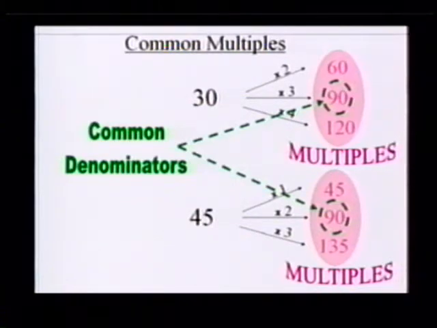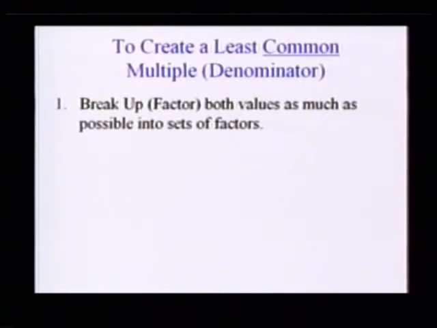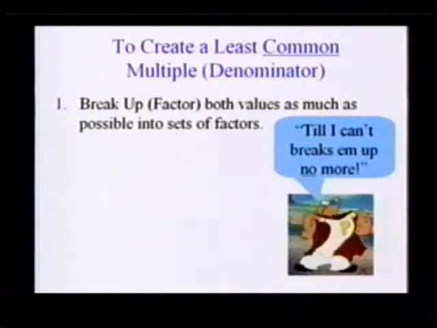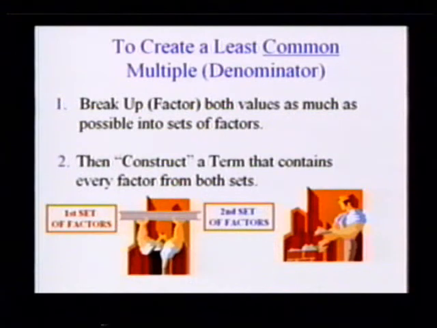Now, how did we find these? Well, to create one, we broke up the various numbers as far as they would go into their possible primes. Remember, as far as you can break them up. And then we constructed an LCD, or a term, that contained absolutely every factor from both sets.